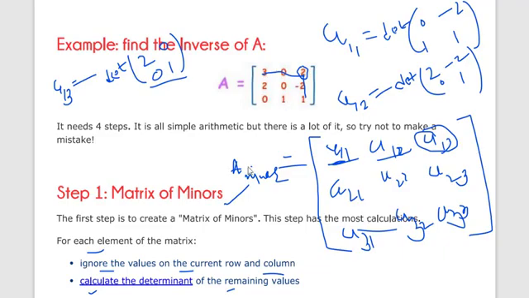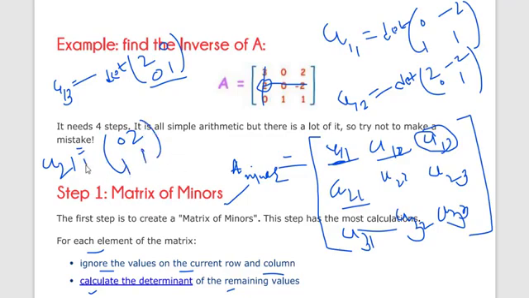Let's start with A21. What is A21? A21 here in the matrix, second row, first column. So we will ignore the second row and first column, and what will we see? 0, 2, and 1, 1.